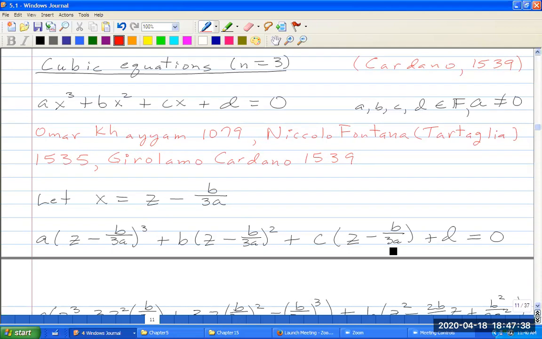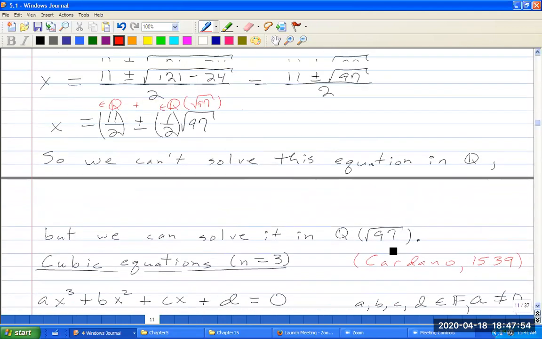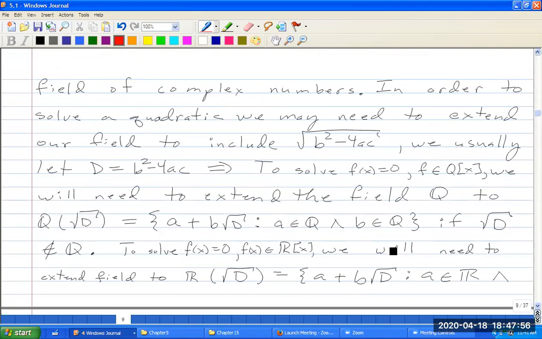So first, let's try to depress this equation. Let's try to look at a simpler equation, similar to what we did above. So let x equal z minus b over 3a.